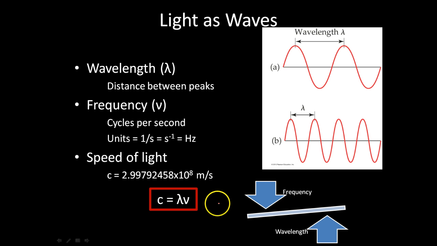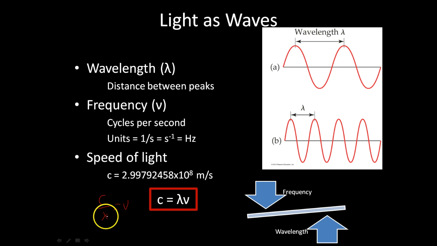So if you solve this for frequency, you get c over lambda is equal to frequency. Just remember, lambda is wavelength and this is frequency, okay?